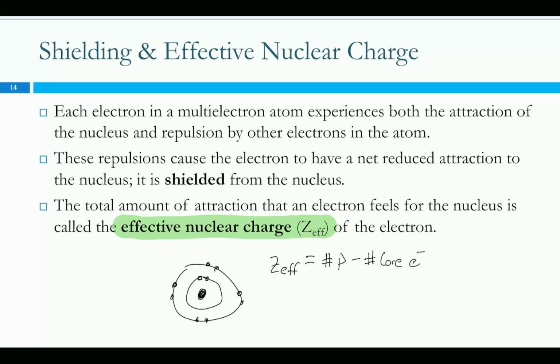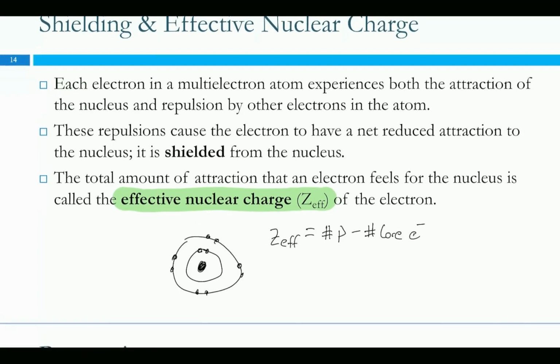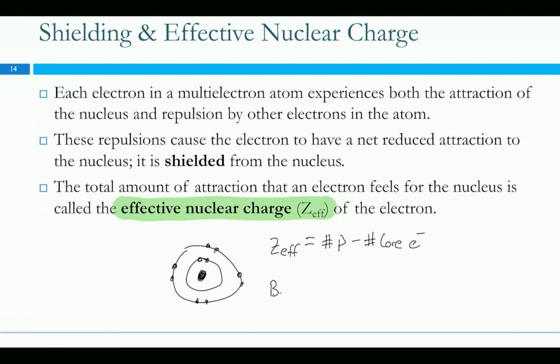If I picked, let's say, beryllium, and I want to calculate the effective nuclear charge of its valence electrons, then beryllium's got 4 protons, and then it's got 2 core electrons. The effective nuclear charge felt by the valence electrons of beryllium would be 2.